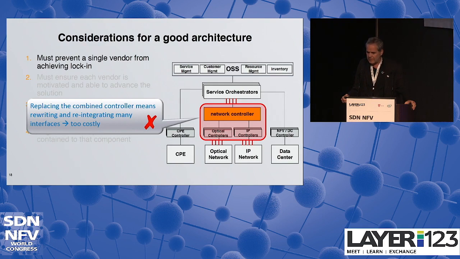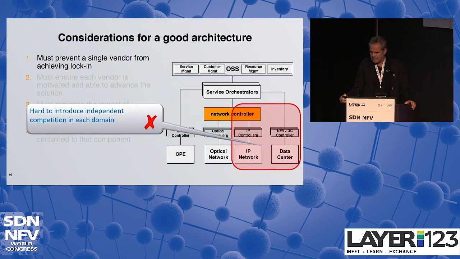So let's take a few examples. Some people are advocating combining network controllers with the domain controllers. That's a bad thing, because if you want to replace that vendor, you're not happy with that vendor, you'll have to reintegrate a lot of interfaces to all the domains, to all the service orchestrators. You get vendor lock-in. Fundamentally, you can't replace this component in the network. And that's wrong in this architecture.